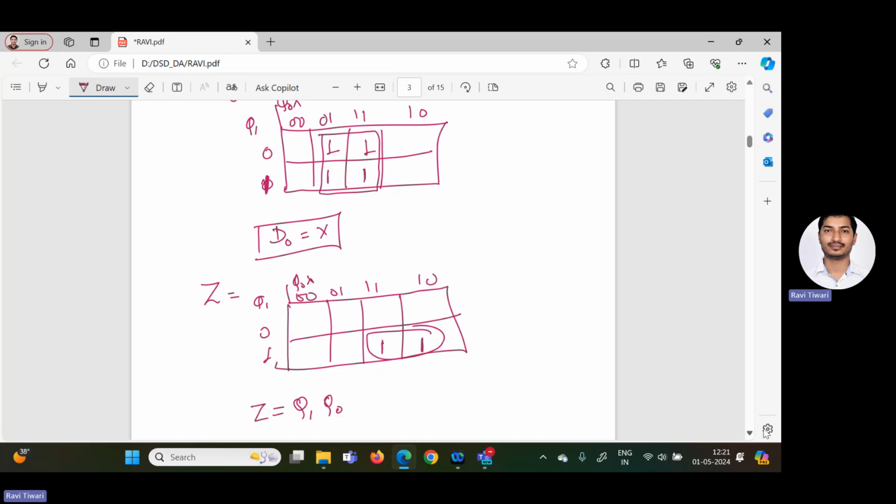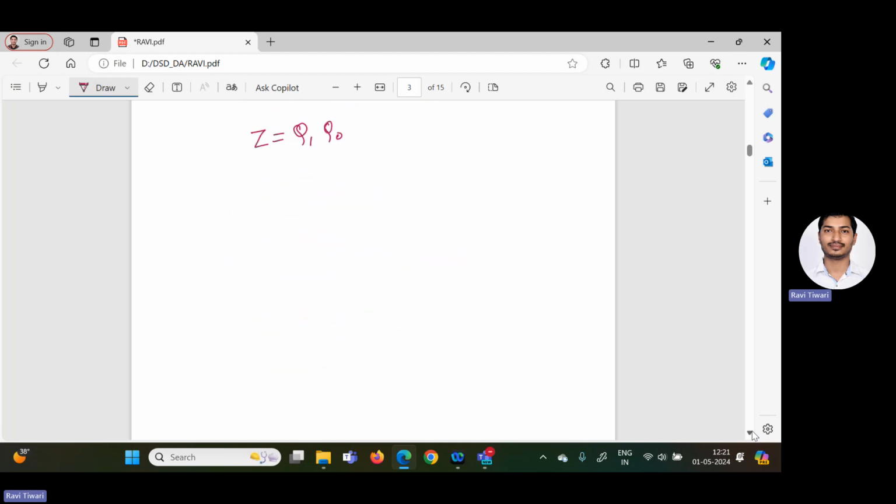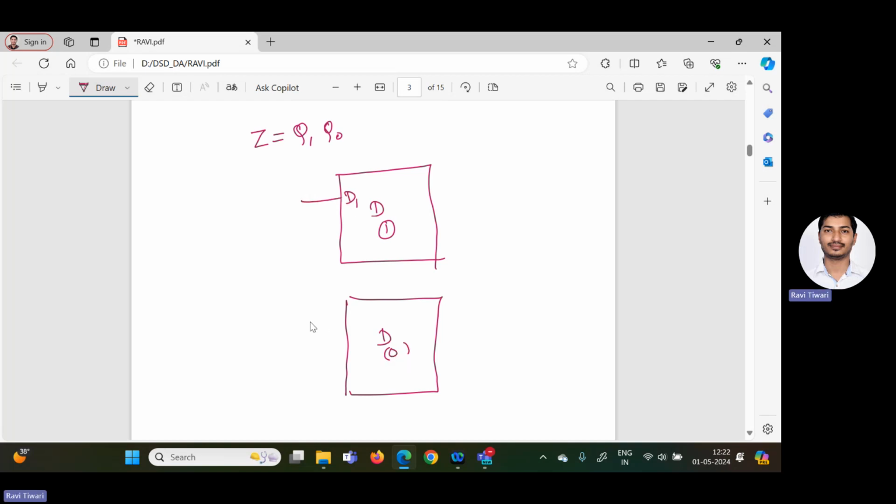These 3 expressions we require to draw the circuit diagram. Now here I am drawing the circuit diagram for it. So how to start? First you draw the D flip-flop, 2 D flip-flops, right? Because we were having the 2-bit for the state representation. Here I am writing D1 and this is D0.